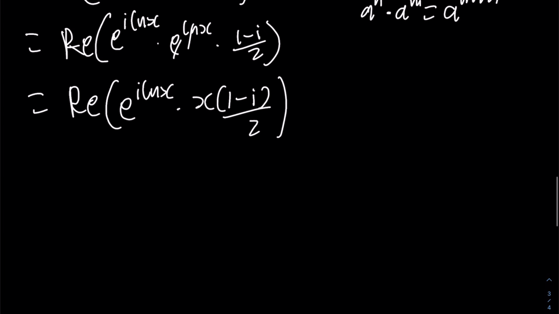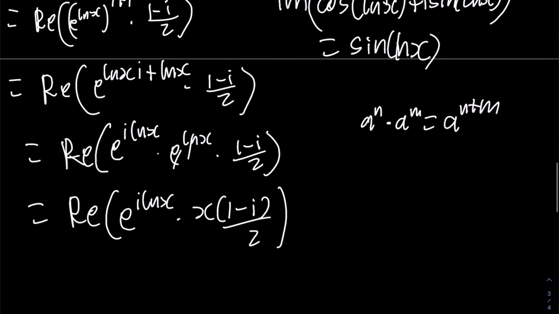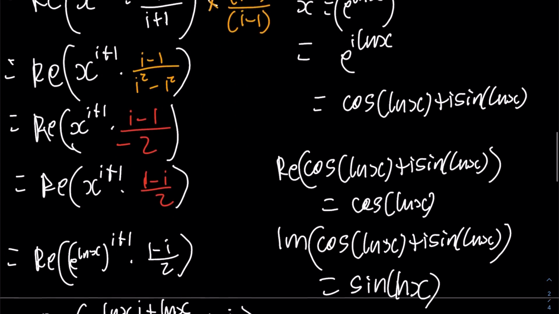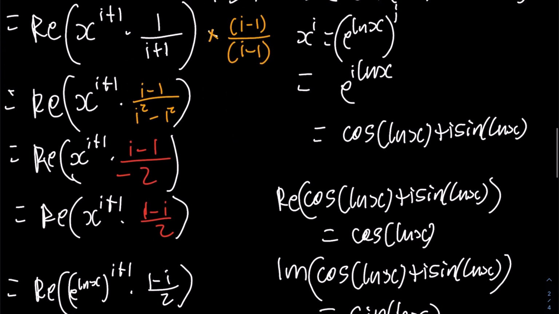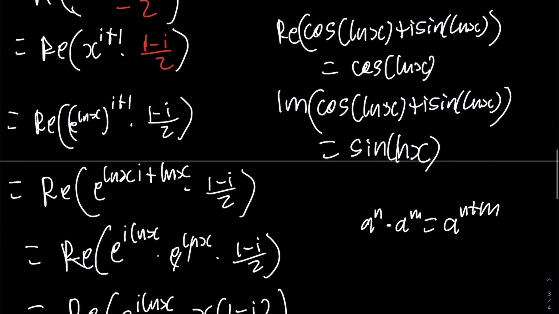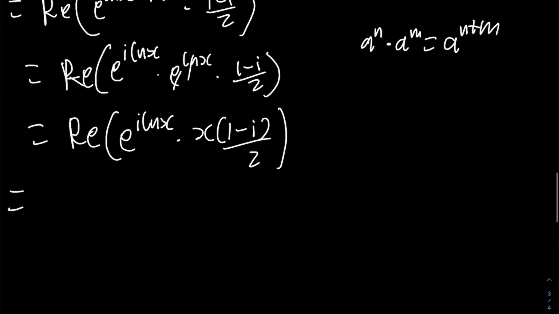And what we can see now is that e to the i ln x, well, that is what we looked at earlier. That is just Euler's formula. We can use Euler's formula on this to get cosine ln x plus i sine ln x. So this now is all coming to the real part of the cosine of ln x, because e to the i theta is cosine theta plus i sine theta.